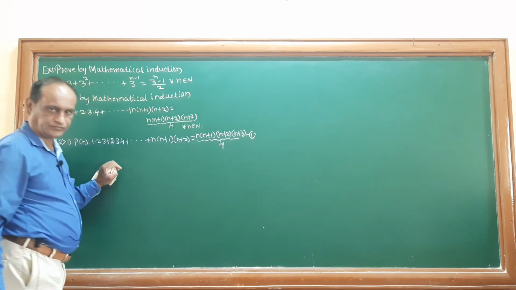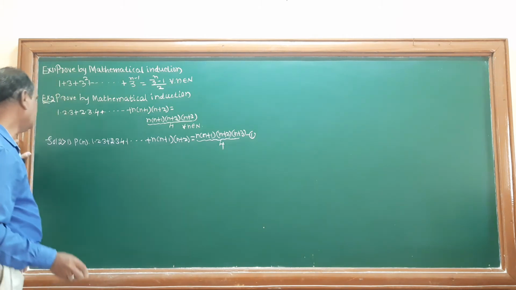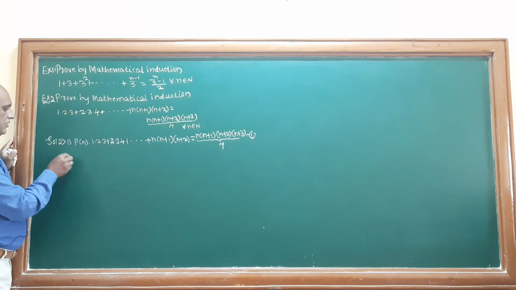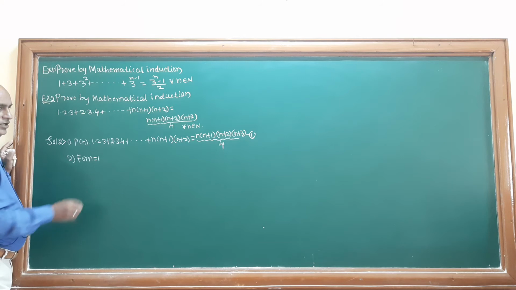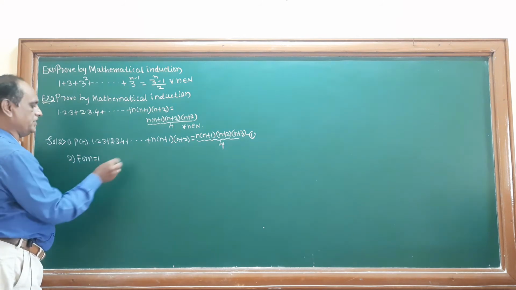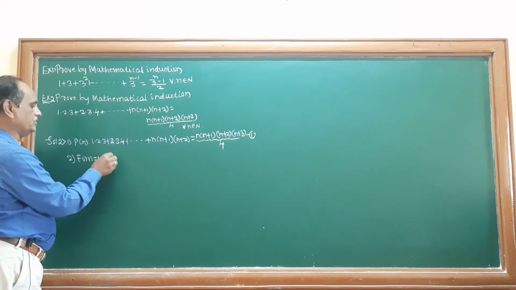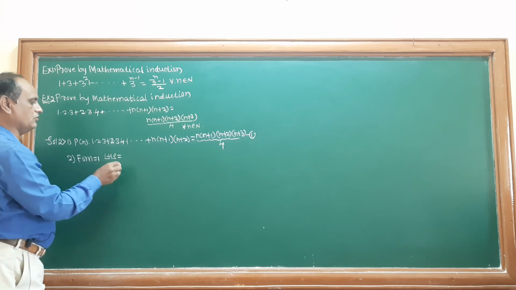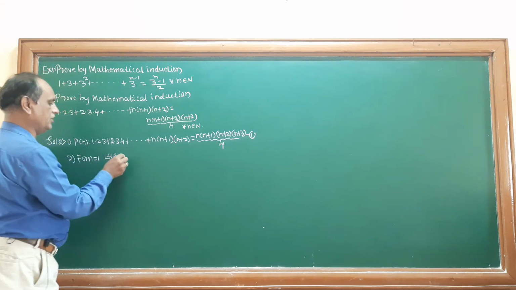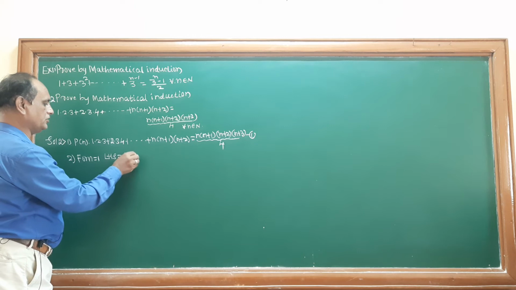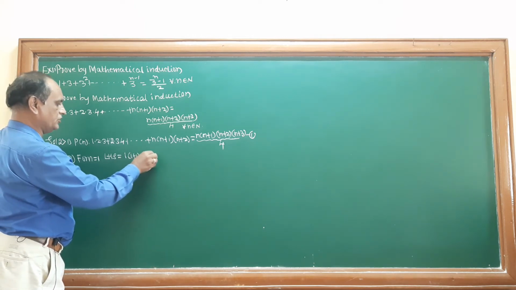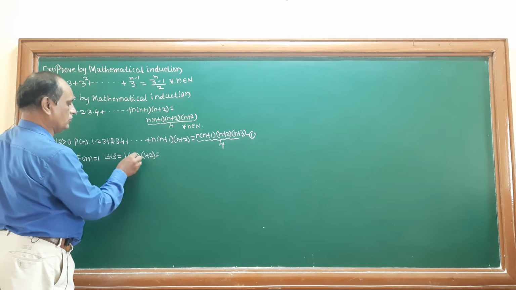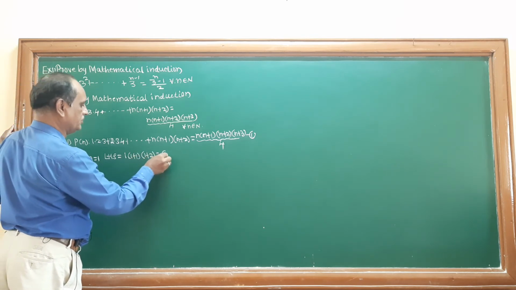Alright, step number 2. For n equal to 1, on the LHS, substituting n equal to 1, we get 1 in the bracket 1 plus 1 multiplied by 1 plus 2, so this is equal to 2 multiplied by 3, that is 6.